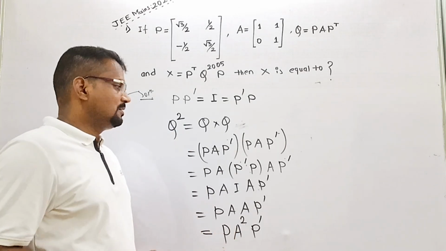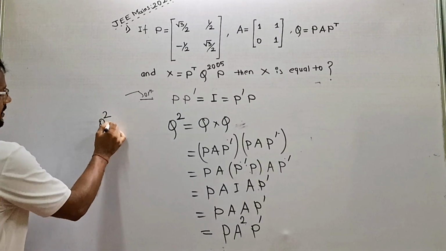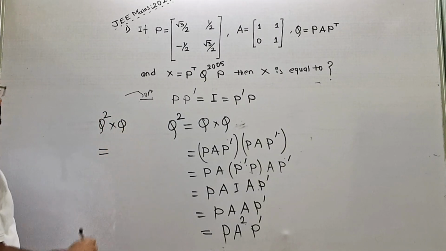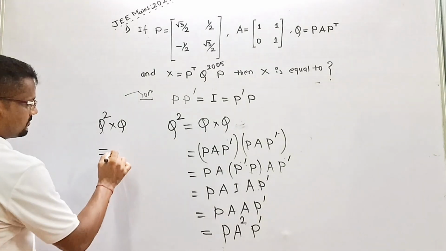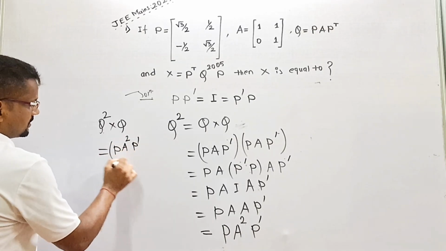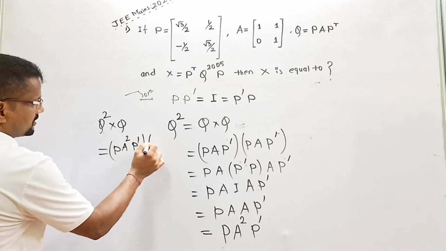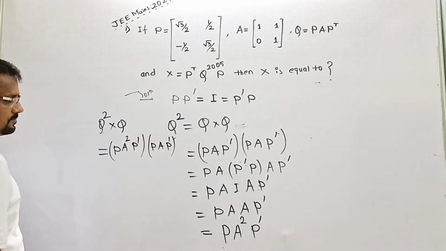If you multiply once more, say Q square into Q, then what comes? Just now we have got P A square P dash into Q, meaning P A P dash, that is P transpose.